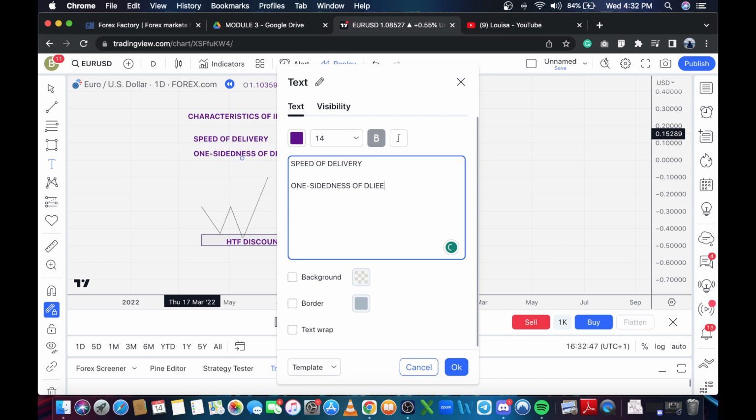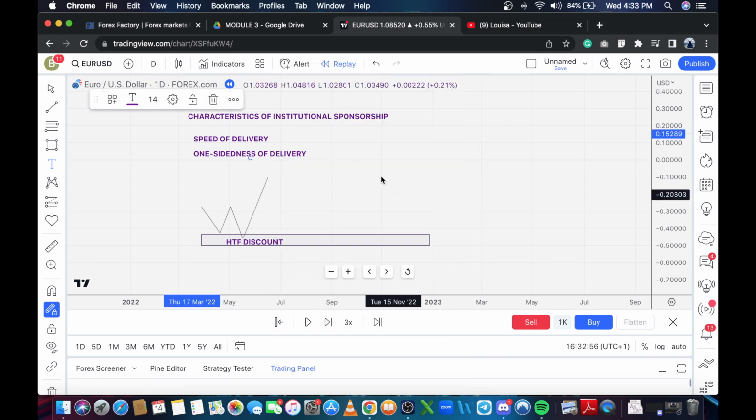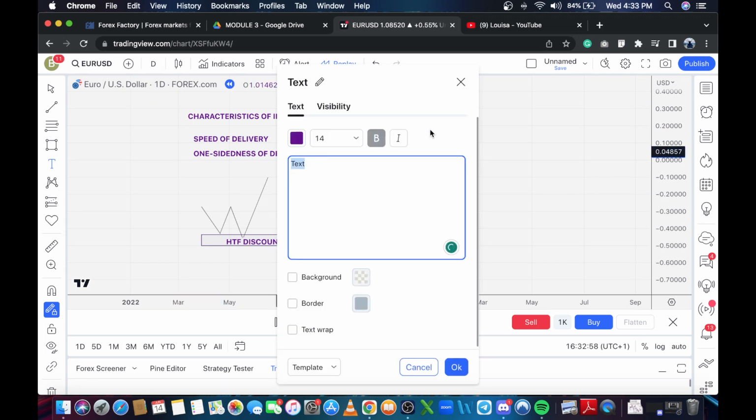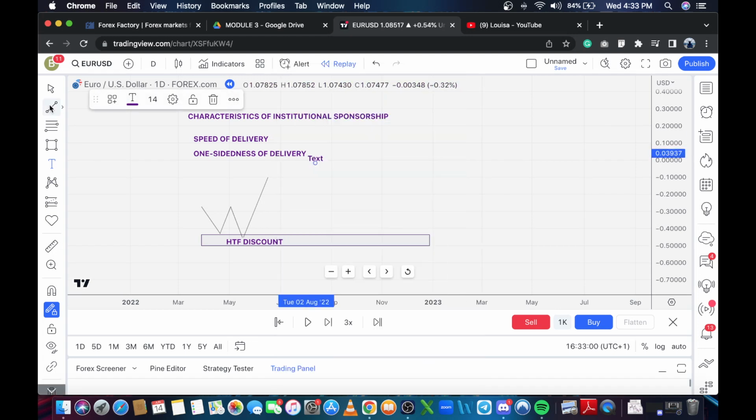Why is this really important to us for institutional sponsorship? Because remember, when these institutions accumulate or distribute positions at these key high time frame levels, the market is not moving as a result of the supply and demand at that level.